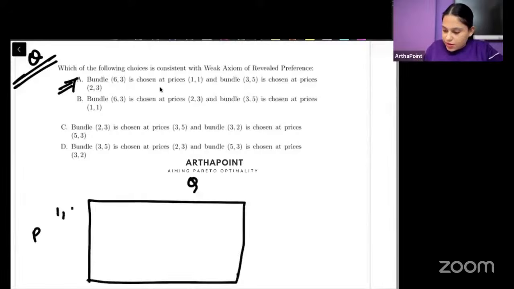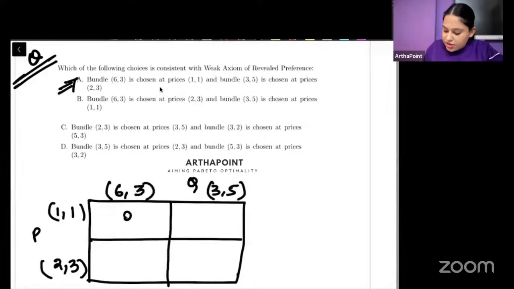My price bundle is 1, 1, 2, 3. Quantity is 6, 3, 3, 5. Find the expenditure. 6 plus 3, 9. This is chosen. 3 plus 5, 8.